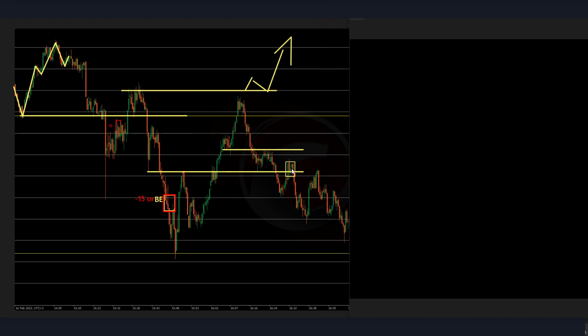Okay. So an entry that would be over here would be 25, 30. Let's see if it actually makes a low. Yeah. So that would be a win after 2 losses. Plus 45.